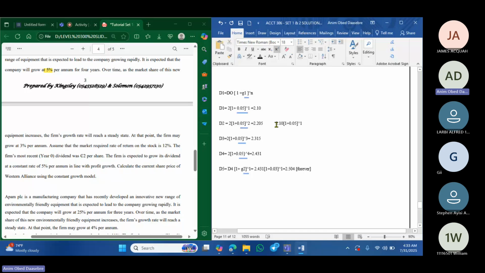After you have computed D2, you can use that D2 to compute D3, and you remain with 1 year throughout. Are we okay? Yes, that's another way to find it.